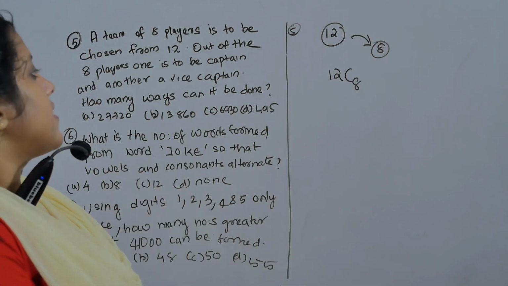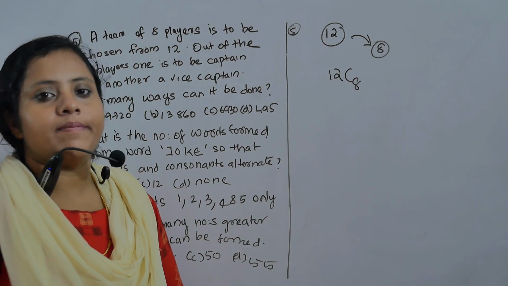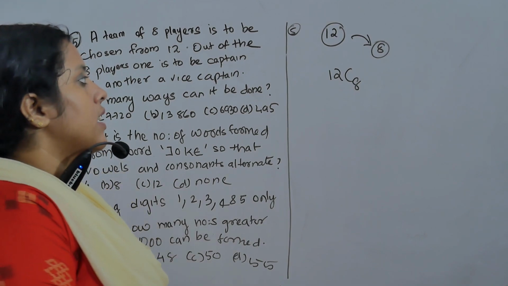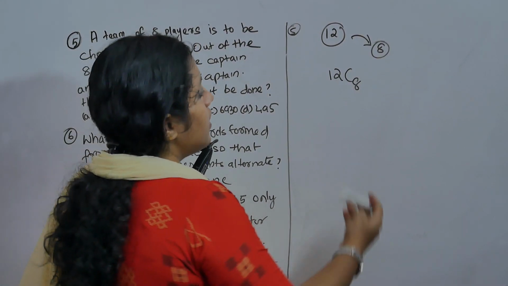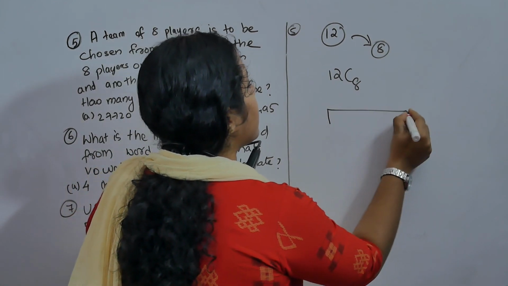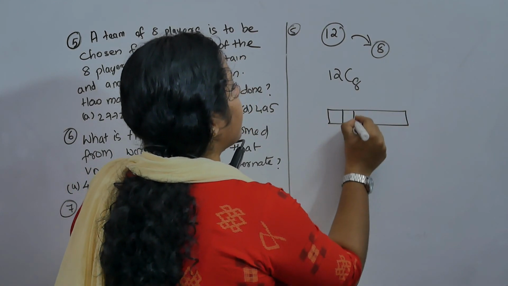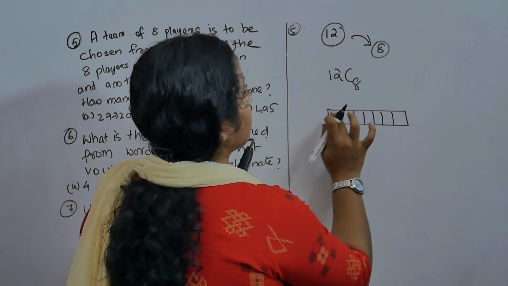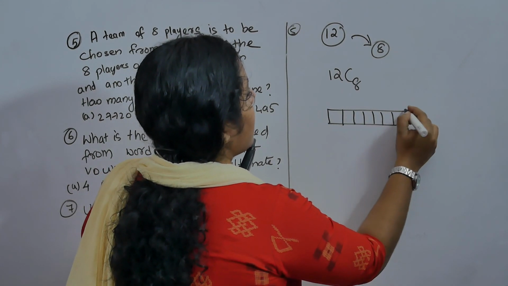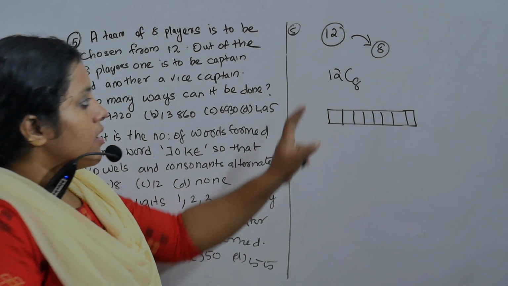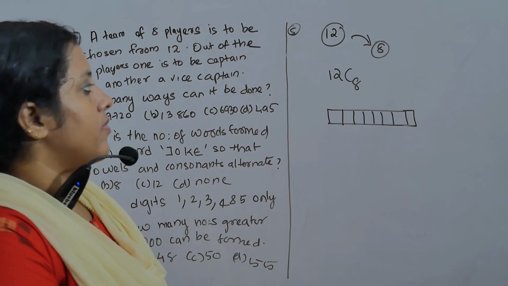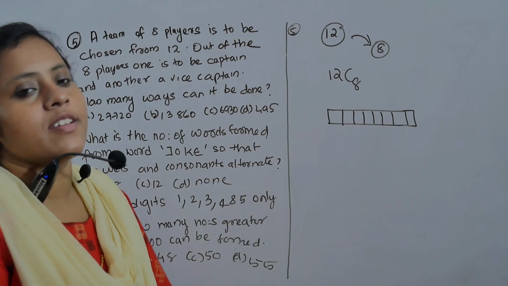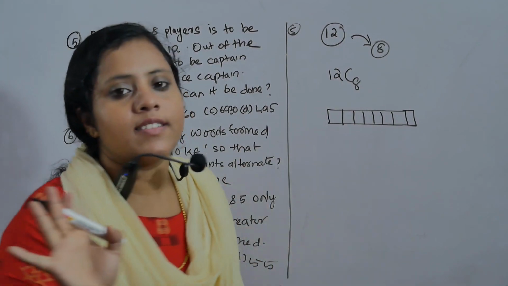Now, what is the next thing they are asking? That means now we have 8 players, right? Now we have 1, 2, 3, 4, 5, 6, 7, 8 players. This is clear now. From 12, 8 is chosen. Now how many players we have?